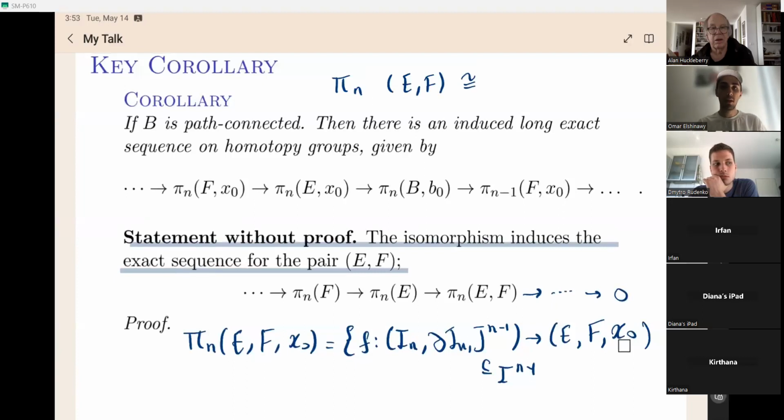And by the theorem, we haven't proved injectivity, but we proved that this is isomorphic to pi n of the base with, let's say, some base point b naught, but we can omit that for now at least. And the claim follows immediately when you just plug in, instead of pi n of E, F, you can just plug in pi n of B. Then you get F, E, B as promised.